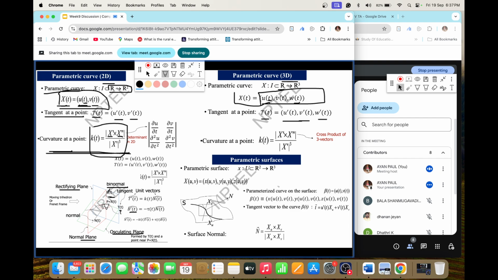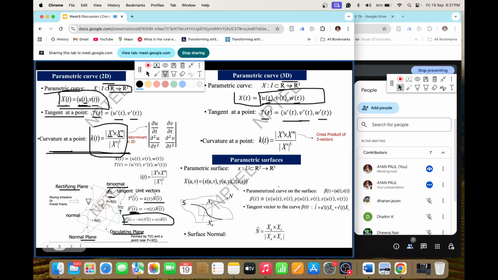Three different planes. And then we have these three things: the tangent equation, and then the normal equation. Tangent, you can say, is a change in direction. Then torsion, and the normal is given by a combination of tangent and binormal.